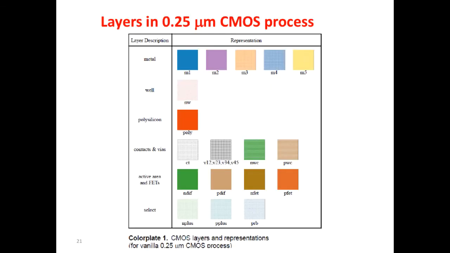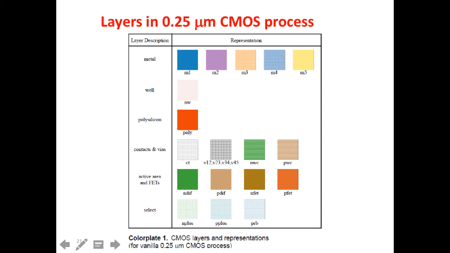So, for example, just to have an idea, if we consider a CMOS process relatively old as of now, a 0.25 micron process, in those years, 0.25 micron means that the minimum gate length in those transistors is 0.25. So in a 0.25 micron process, we have 5 different types of metal layers, from metal 1 to metal 5.